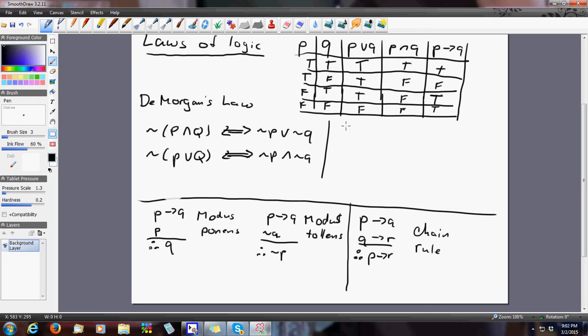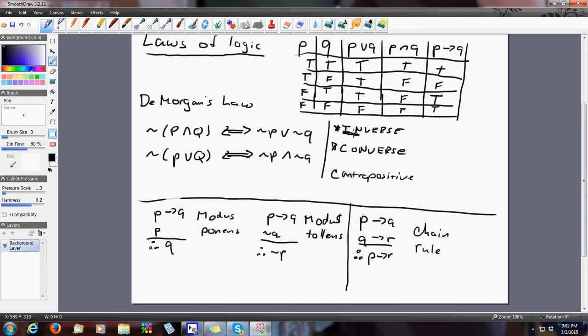There is another group, and it's the inverse, the converse, and the contrapositive. Here's what you need to know about these. The inverse and the converse aren't always true.